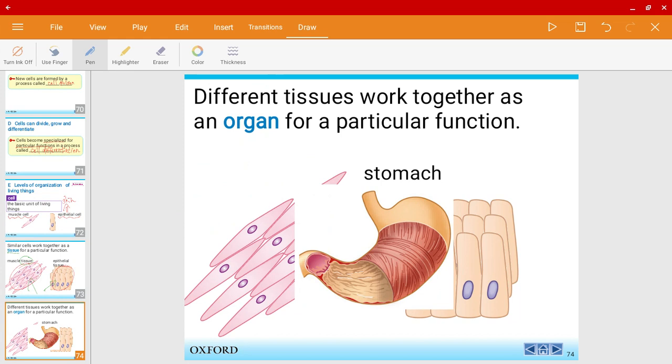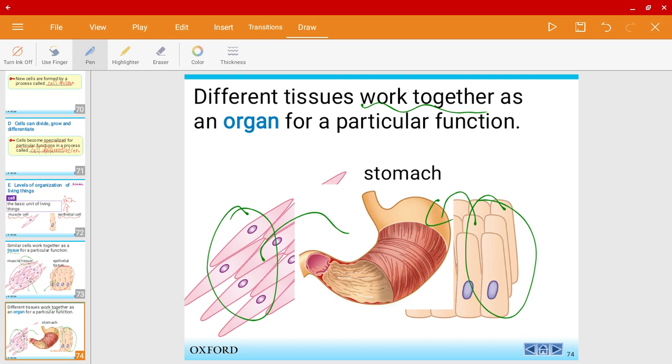And if you have a lot of tissues, for example, you have a lot of muscle tissues and a lot of epithelial tissues over here, when they combine together, when they work together, you have an organ. So an example of an organ is the stomach. So you notice the pattern. Originally you had one cell. After you have a lot of, for example, muscle cells, you get muscle tissue.